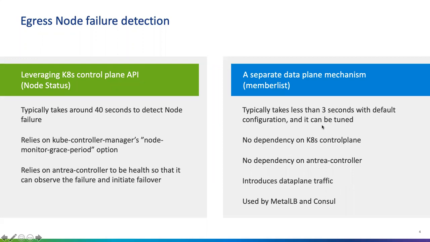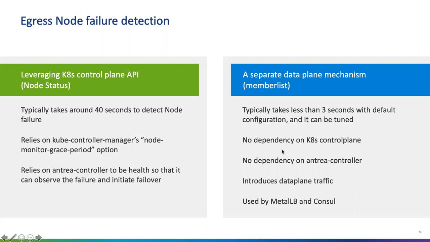But this is basically a compromise between the latency at which the failure is detected and the traffic it will introduce to probe. By default, it can be less than 3 seconds in a small cluster. I haven't tested for a scaled cluster, but this solution has been used in MetalLB and Consul for their node failure detection solution.